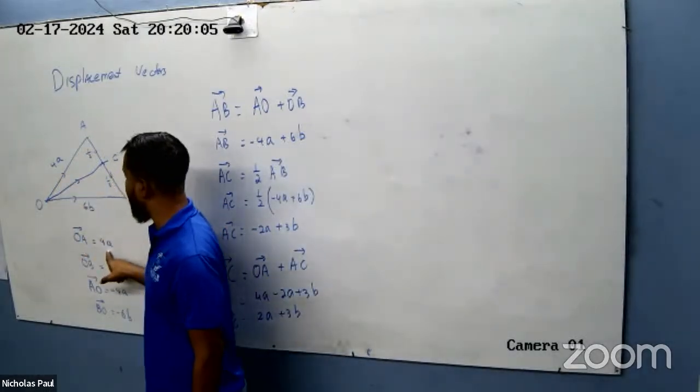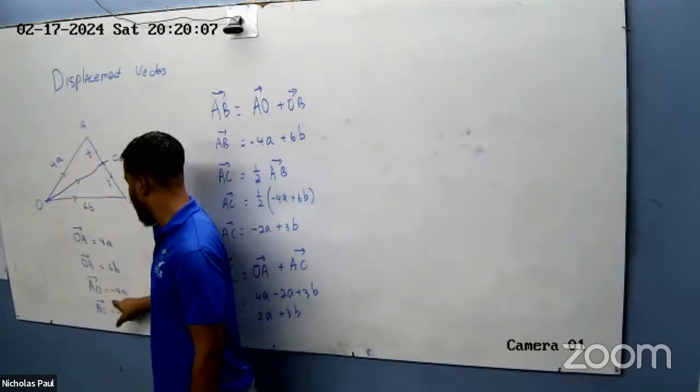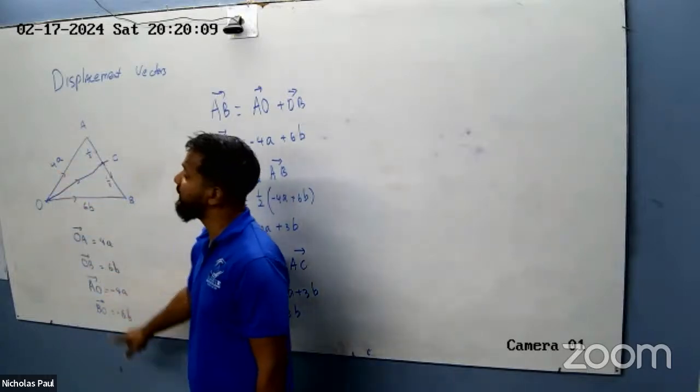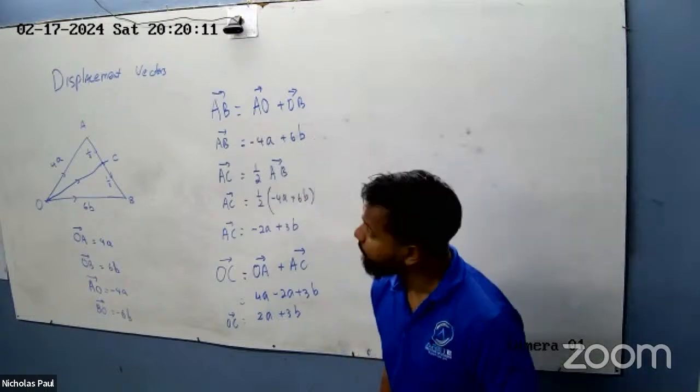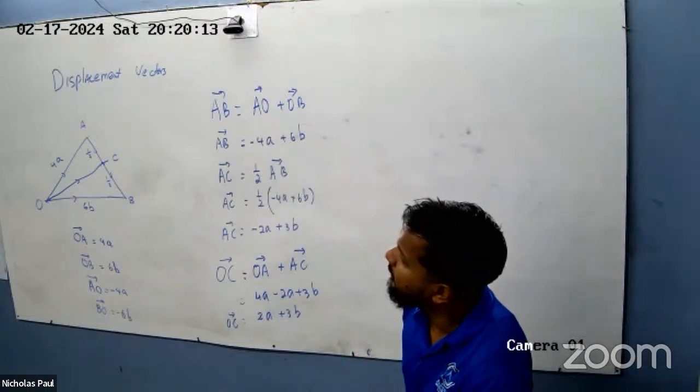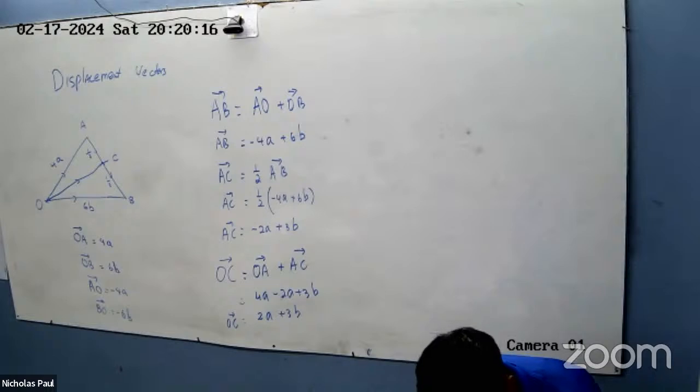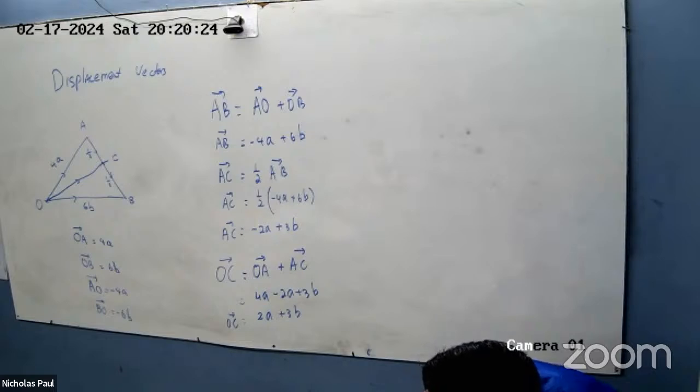OA is 4A. A to O is negative. Right? A to O is negative 4A. All right? Yeah, Jason? So A to O is negative, right? Yeah.